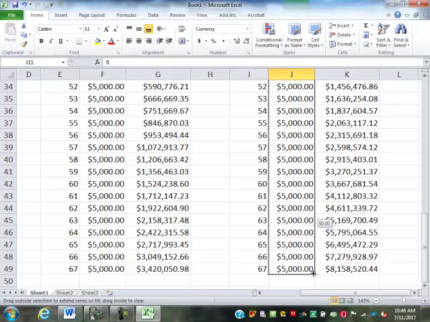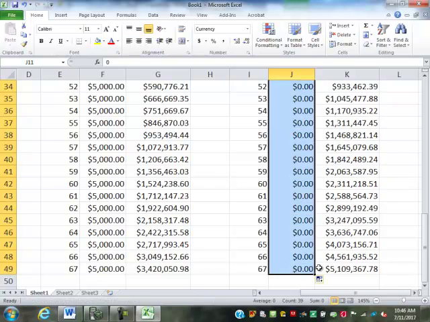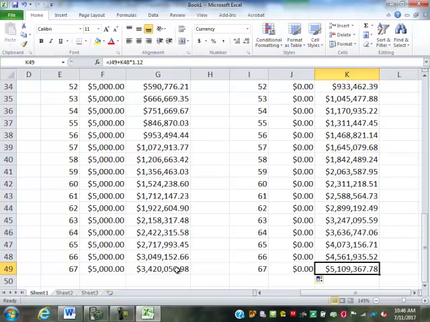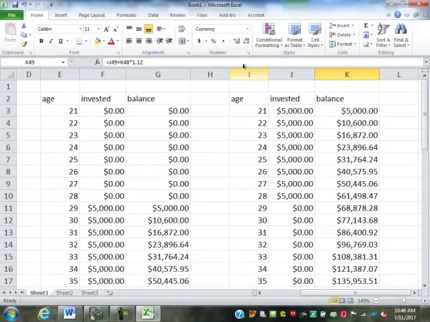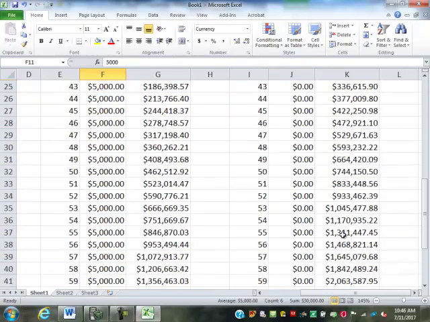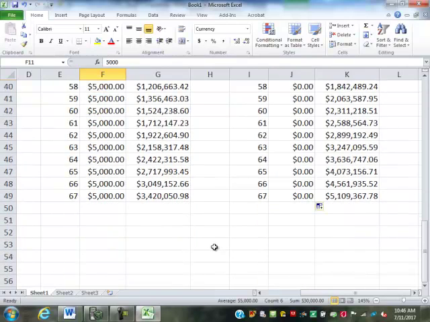Person that I'm holding my mouse on right now, they only saved for 8 years, and then they took the next 39 years and played with their money. They end up way ahead. That first 8 years is worth more than the next 40. That's crazy. It is crazy, but that's the power of compound interest and time.